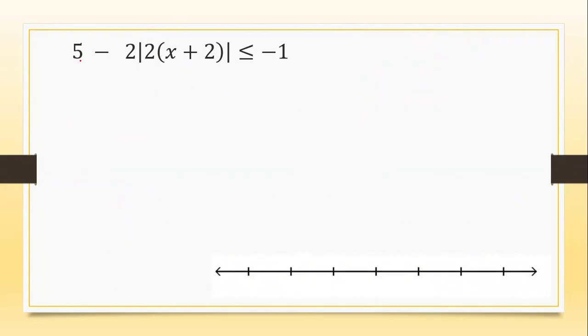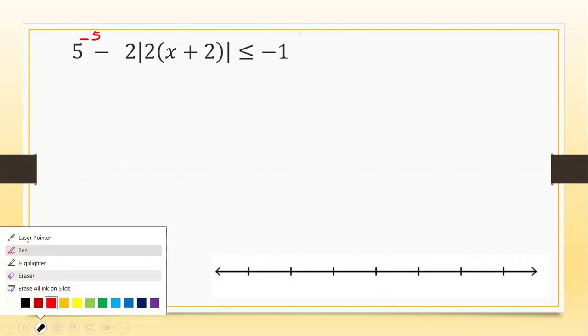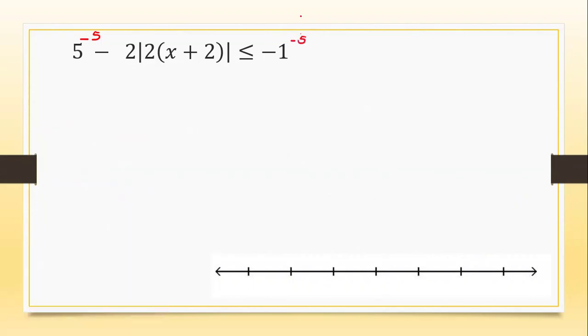We have a similar problem, but here now we need to simplify before we get to the absolute value. So first we want to subtract 5 from both sides. When subtracting 5, we now have -2, absolute value of 2, open bracket.